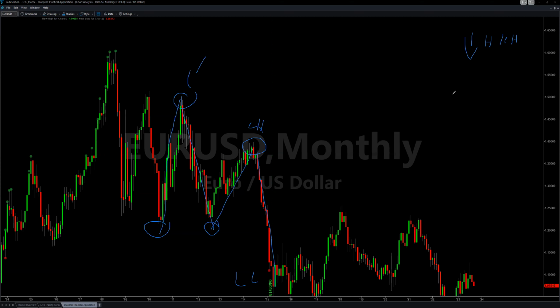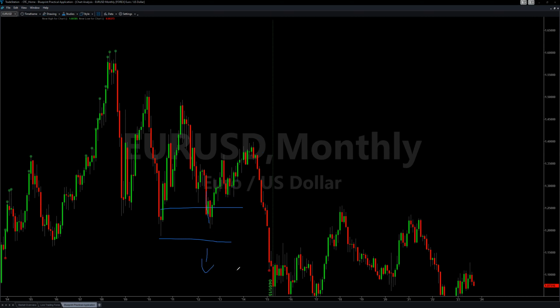It is not necessary that we always create a new lower low in a downtrend, same like here, look. Sometimes we have demand on specific pivots, and that's the reason why it is impossible to create a lower low.